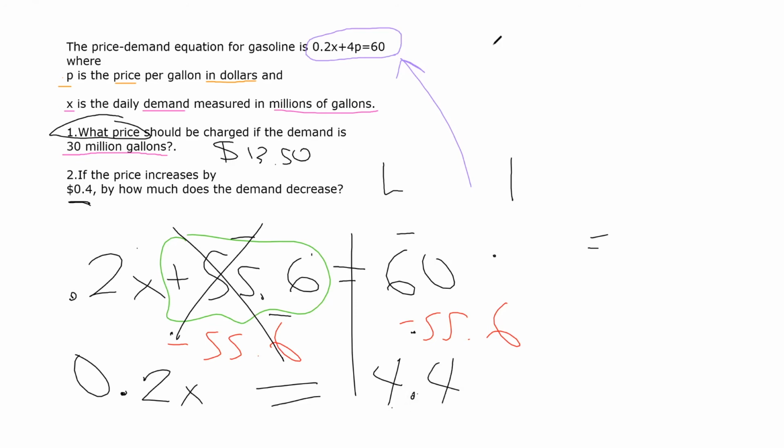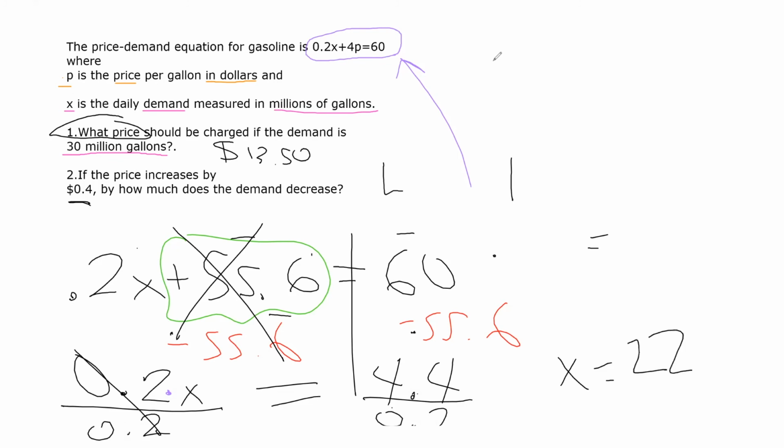What do I do now? Well, remember, anytime you have a number and a letter squished together, you have multiply. The opposite of multiply is divide by 0.2. This is 1, so I can just write x. 4.4 divided by 0.2 is 22.